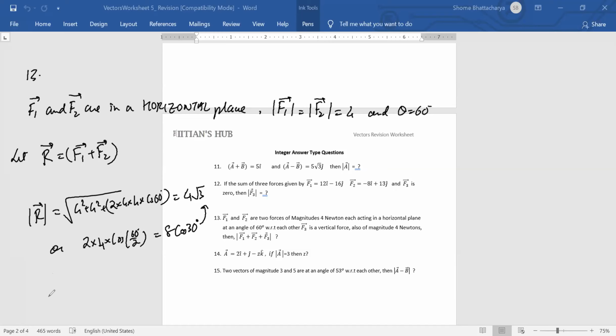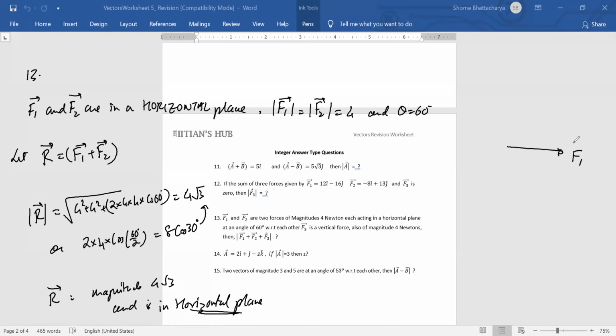Okay, so now this resultant R is of magnitude 4 root 3 and is in the horizontal plane. This is the important thing, it's lying in the horizontal plane. So if you visualize now, suppose your F1 was like this and F2 was like this. Okay, so suppose we take our x and y axis like this over here.